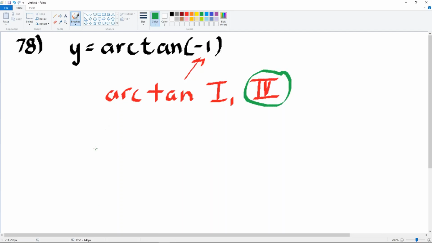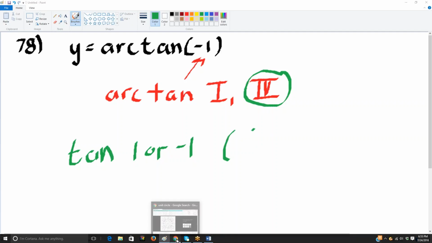Now, the neat thing about tangent is that it's 1 or -1 when its reference angle is 45 degrees, because anything over itself is 1.